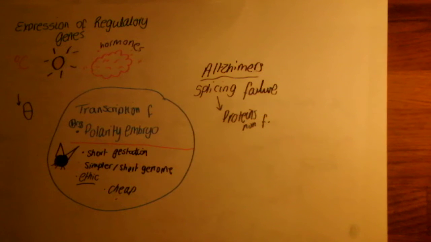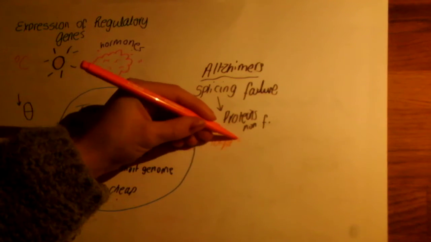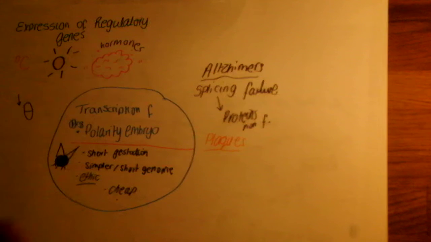So the proteins aren't able to be used. This therefore causes plaques of proteins to be formed. These plaques obviously cause problems. Just like a plaque in the artery, they block up some of the space that should be used to transport things, and these non-functional protein plaques interfere with neuronal communication, so communications in the brain.